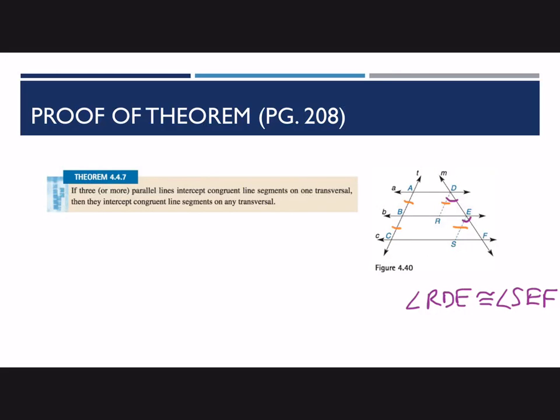Right? And then similarly, I know that M is a transversal of B and C. So I can focus in on, I'll put these in red, angle RED and angle SFE.